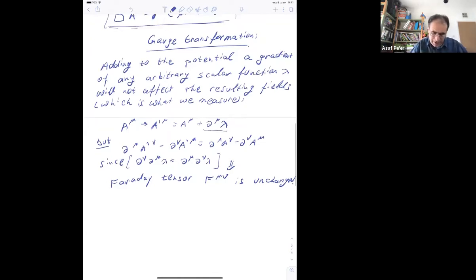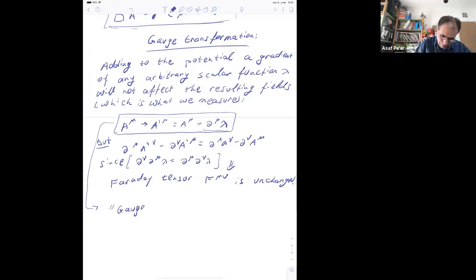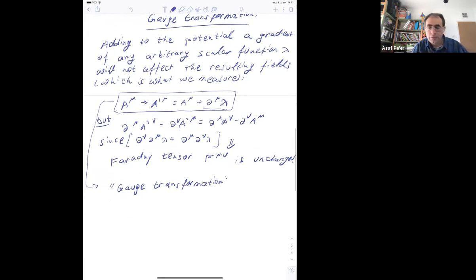Now, making such a transformation is known as a gauge transformation. Apparently, the term was coined by Hermann Weyl, one of the founders of quantum mechanics, because it changes the scale of the instrument in which we measure the potential. Now, the symmetry of the fields under gauge transformation is known as gauge symmetry or gauge invariance.